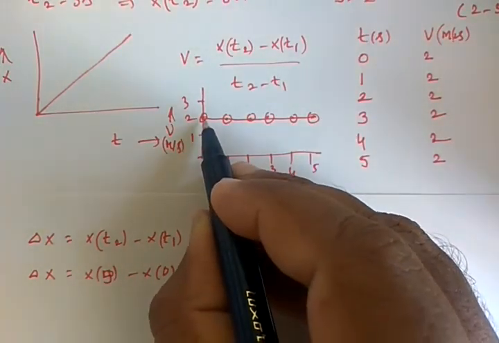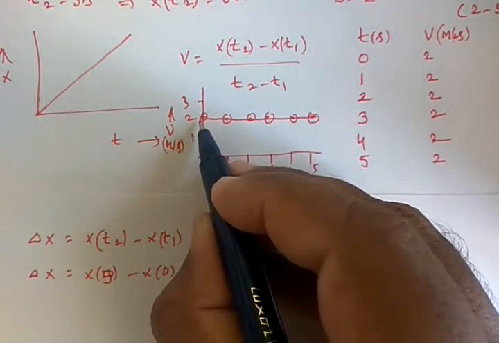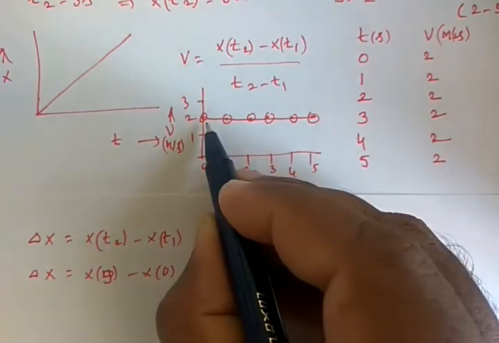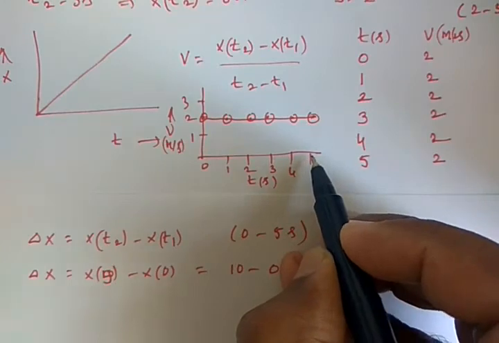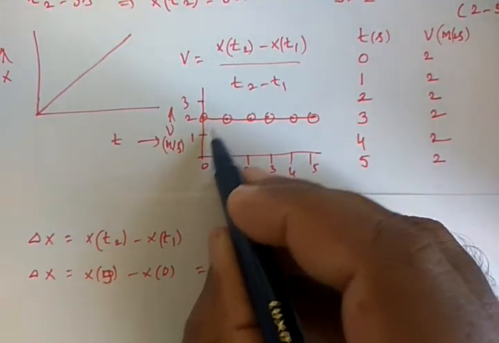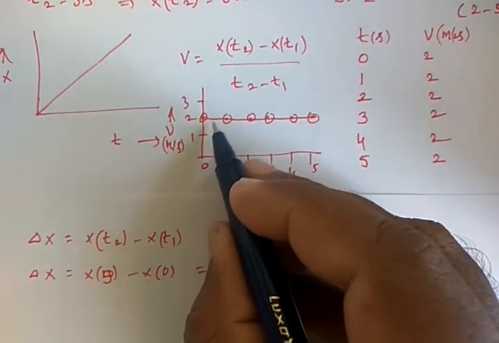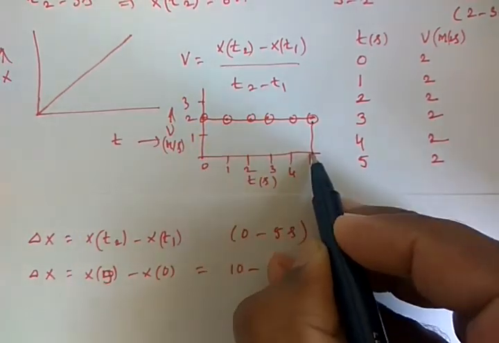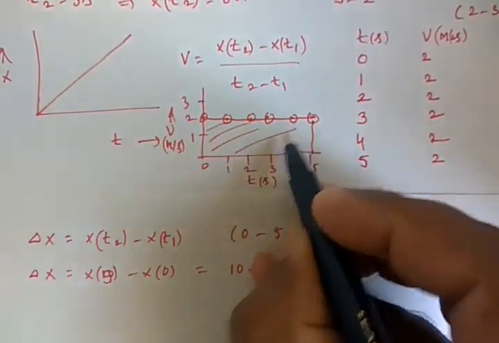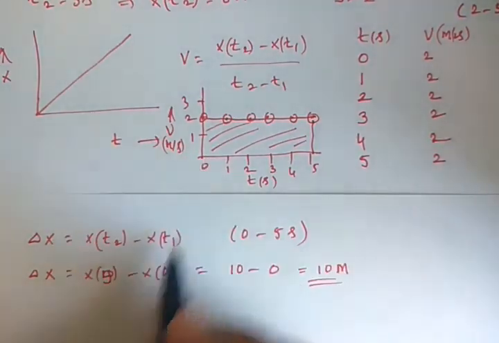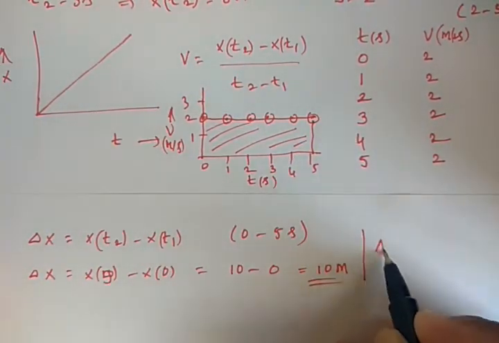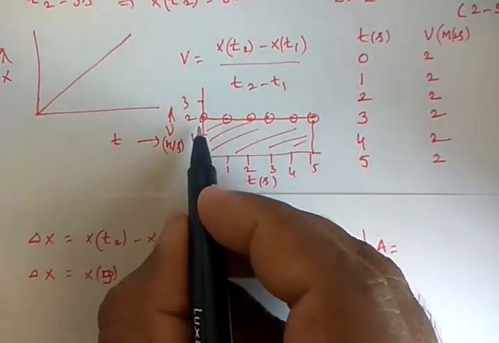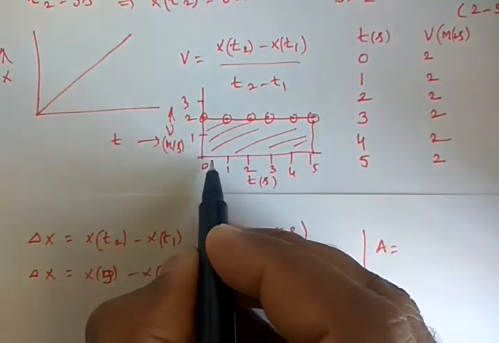So the body is moving with uniform velocity v, that is 2 meters per second, for 5 seconds. If you compute the area under this part, let us take this length times that length.